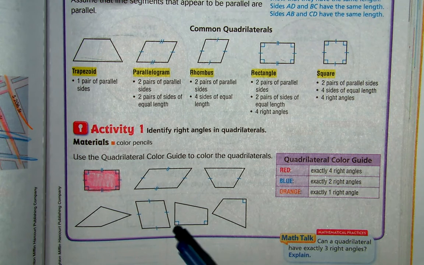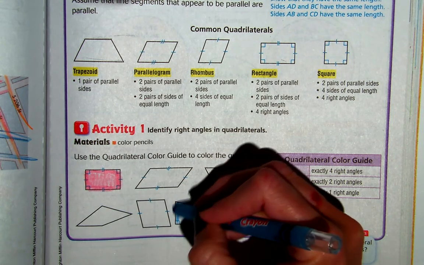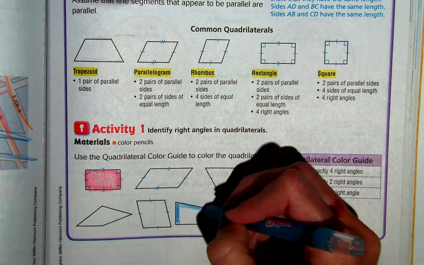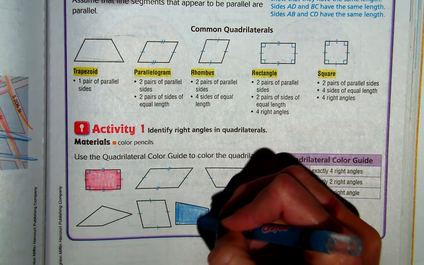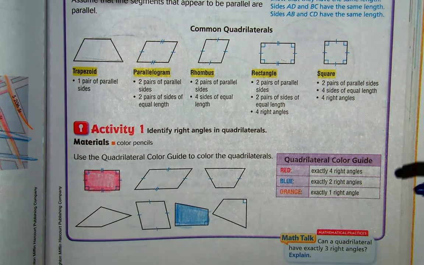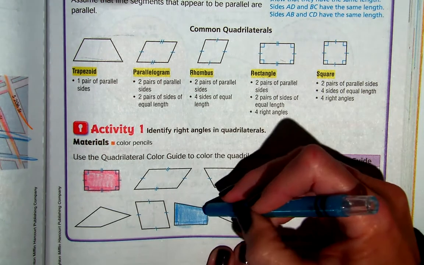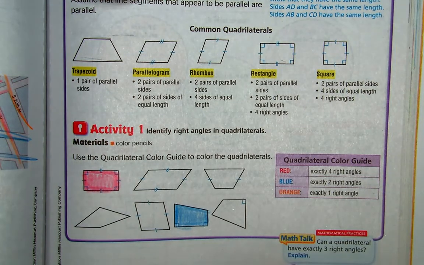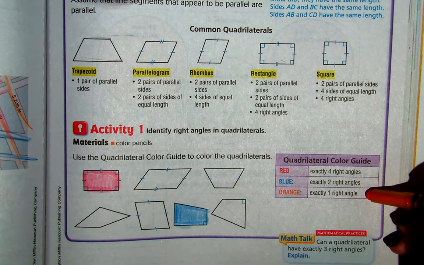This one right here. One, two, exactly two right angles. So we're going to color it blue. And then the last one is orange. We're going to color the one that has exactly one right angle orange, and that is this one.